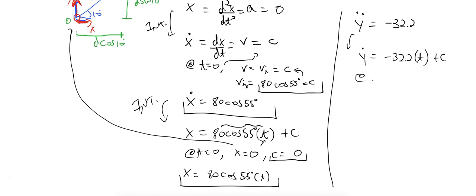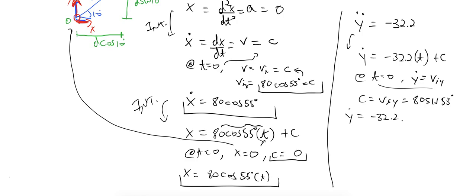So at t equal to 0, we get that y dot is equal to v initial in the y, right? So when we substitute this information in, we get that c is equal to v initial y, which is equal to 80 sine of 55. So we plug it in: y dot is equal to negative 32.2 times t plus 80 sine of 55.